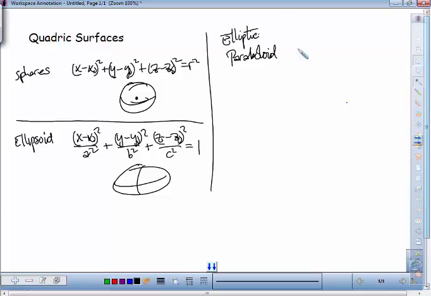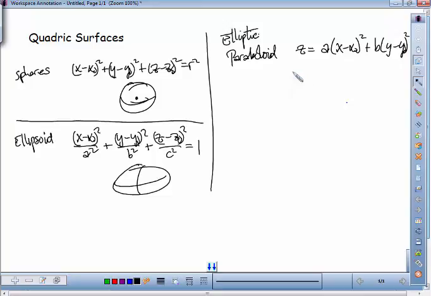So I think I wrote z is equal to, and I don't know if I did the shifting and the changing things, but we can account for those things also. I'll just put a(x - x₀)² + b(y - y₀)².